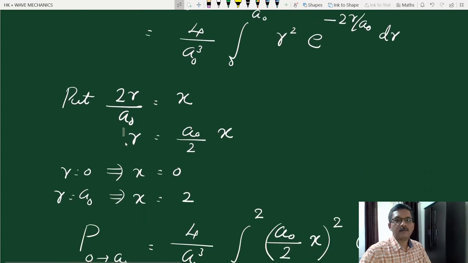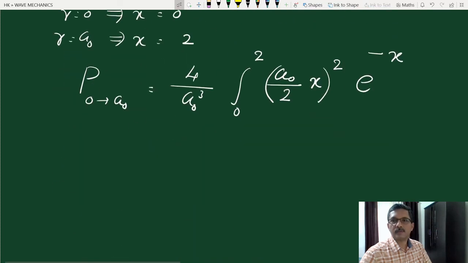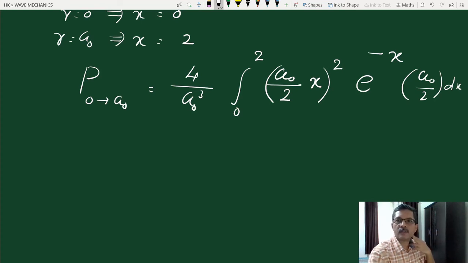What is dr? From here, dr is equal to A0 by 2 times dx. So if I take A0 by 2 outside, A0 by 2 square into A0 by 2 is A0 cube by 4.